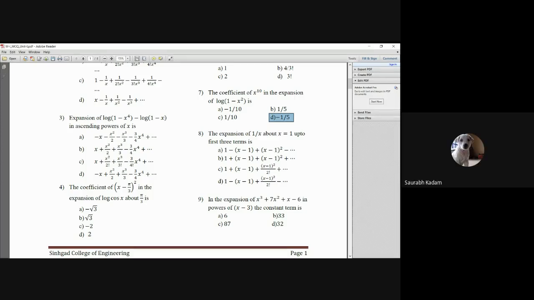Which are the terms? First terms will be minus x minus x square by 2 minus x cube by 3. So those three terms are not changing. That means which is the option which has those three terms as they are? Option A. Can you see that? So the answer will be option A only.